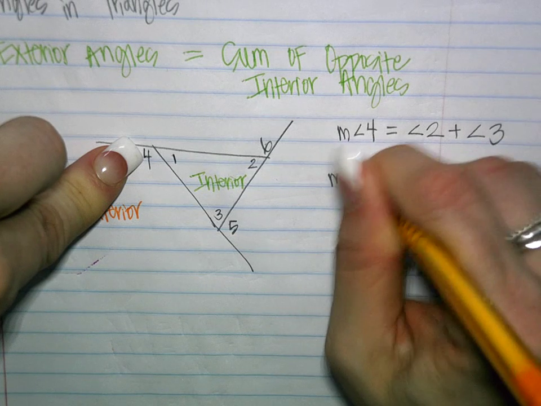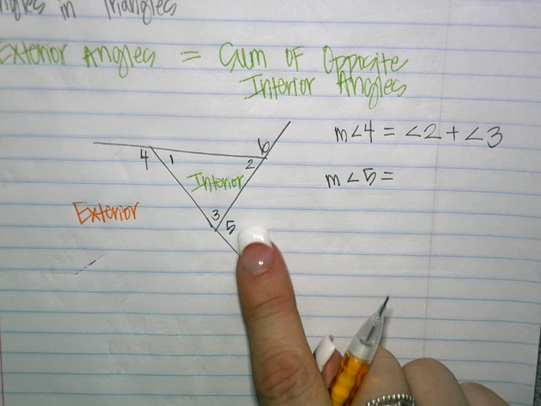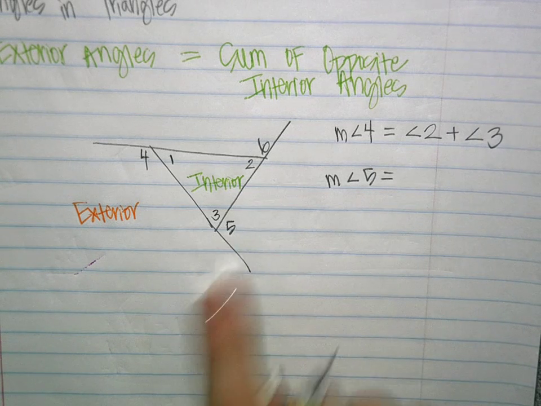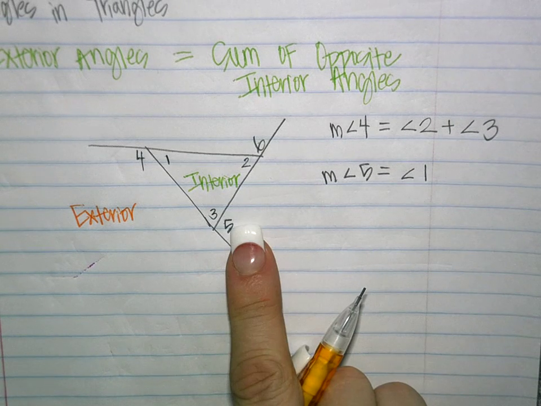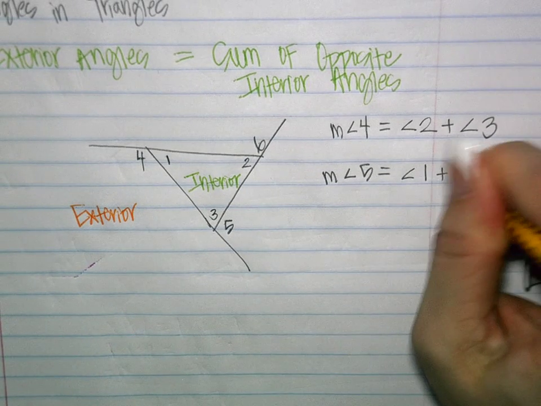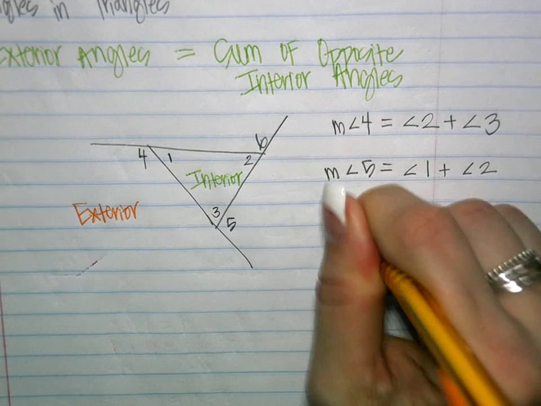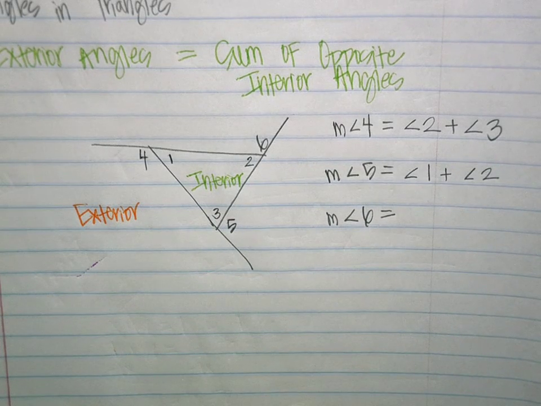The measure of angle 5 would be equal to which two? Angle 5, you would have to add together which ones? 1 and 2. Not the ones right next to it, but the ones across from it. So the measure of angle 5 is equal to angle 1 and angle 2 added together. You're always adding them together, so it's the sum of something. And then the last one, angle 6 would be equal to which ones?